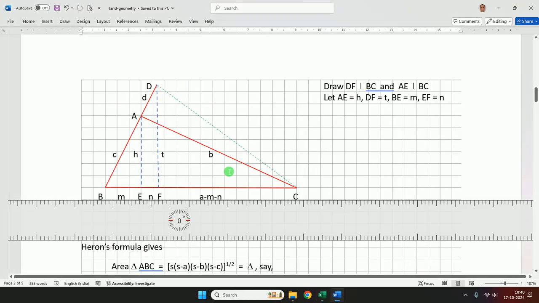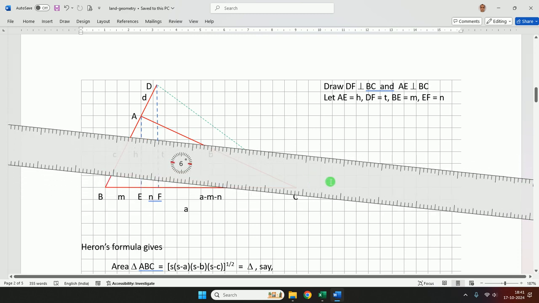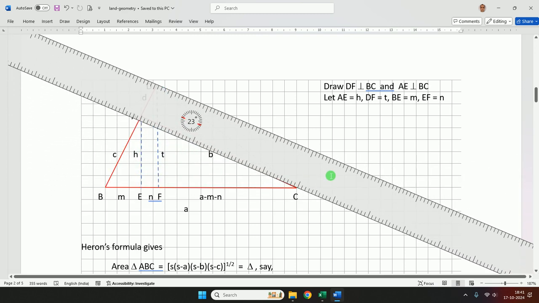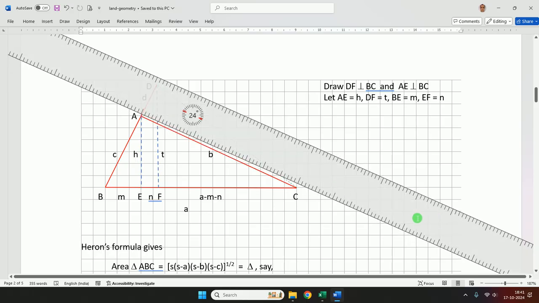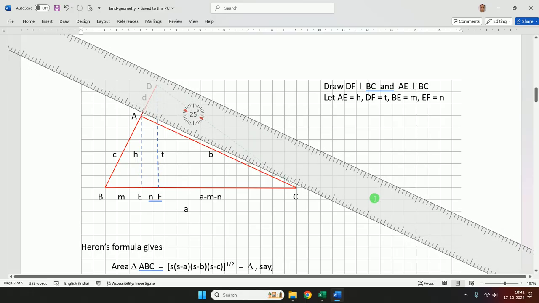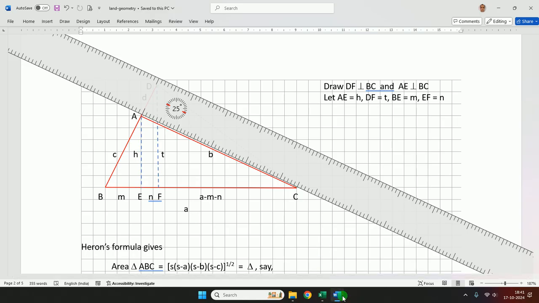Then b equal to, again I put it here like this, and then how many? 10, 20, 30, 40, 45. So it is 45 divided by 3 is 15.